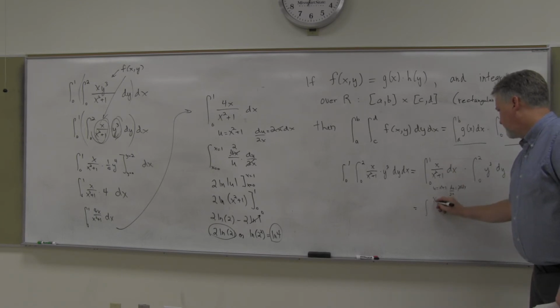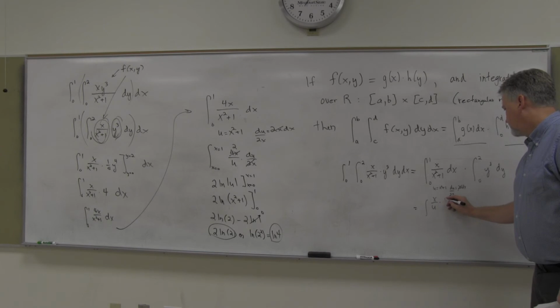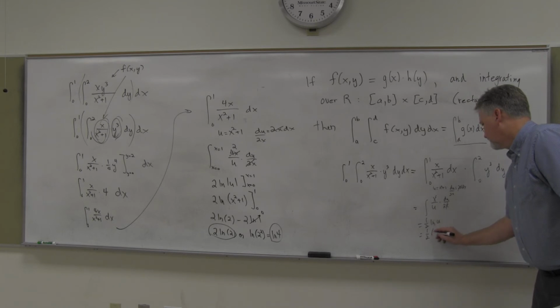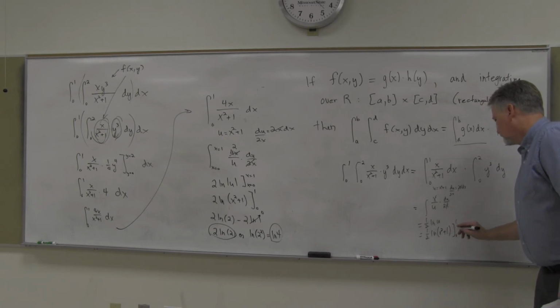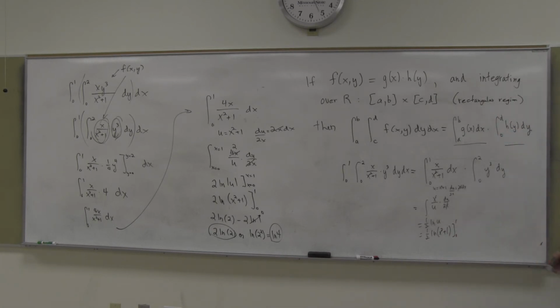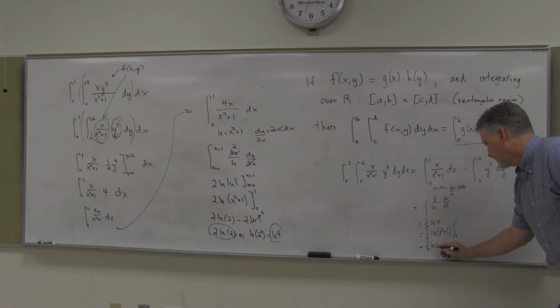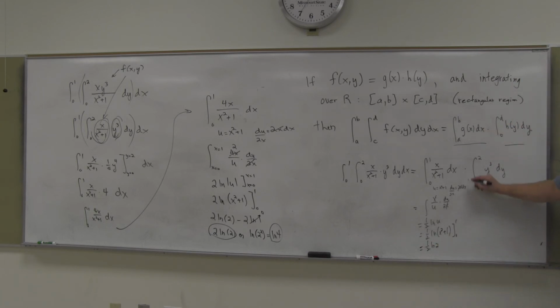The integral would be x over u, and then du over 2x, so you'll have a half there. So it'd be 1/2 ln of u, or 1/2 ln of x squared plus 1, from 0 to 1, which is half ln of 2. So that's this part of it.